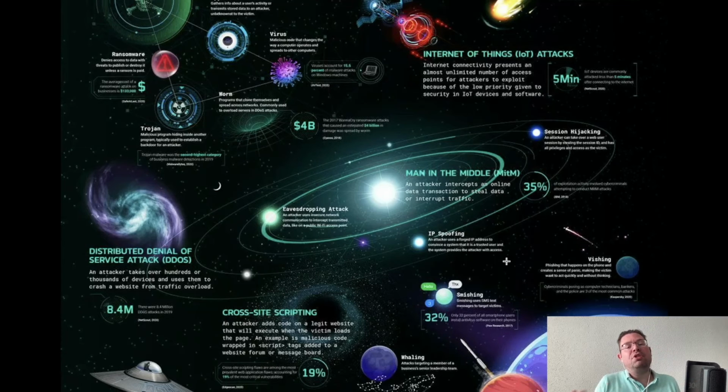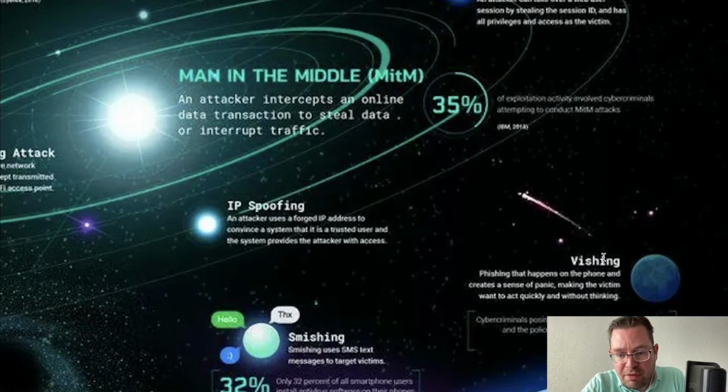I could impersonate a trusted IP while in fact I'm a non-trusted IP. So based on IP address, I have access because I impersonate a trusted IP address, if that makes any sense.